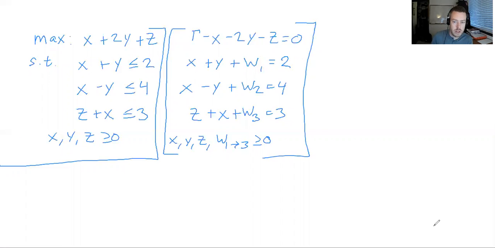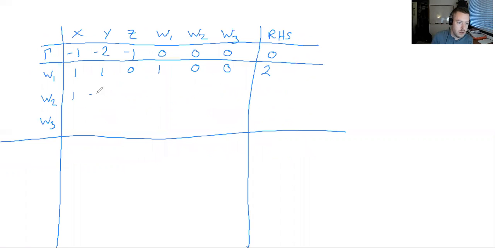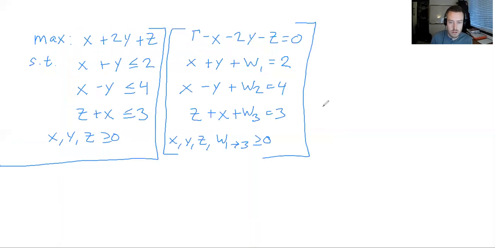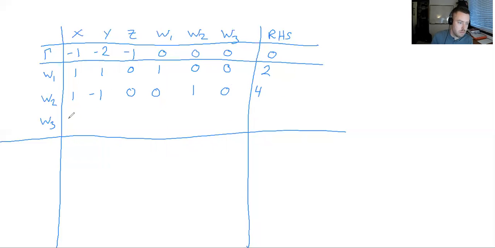The second is 1, negative 1, 0, 0, 1, 0, 4. The third one is 1x, 1z, 1w3, and 3.